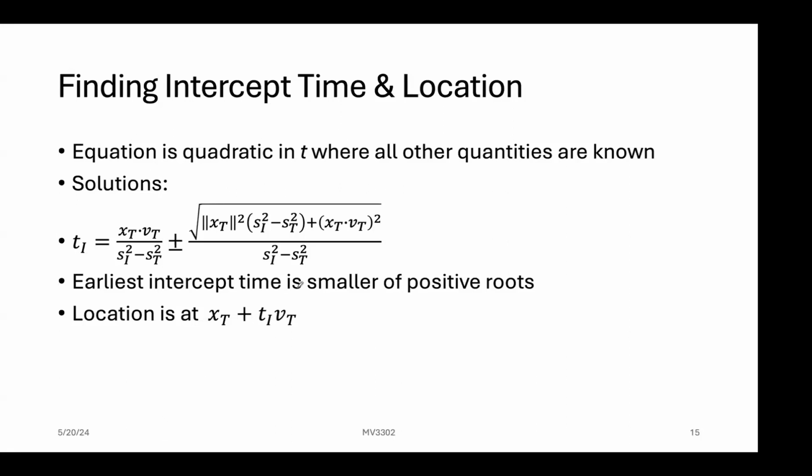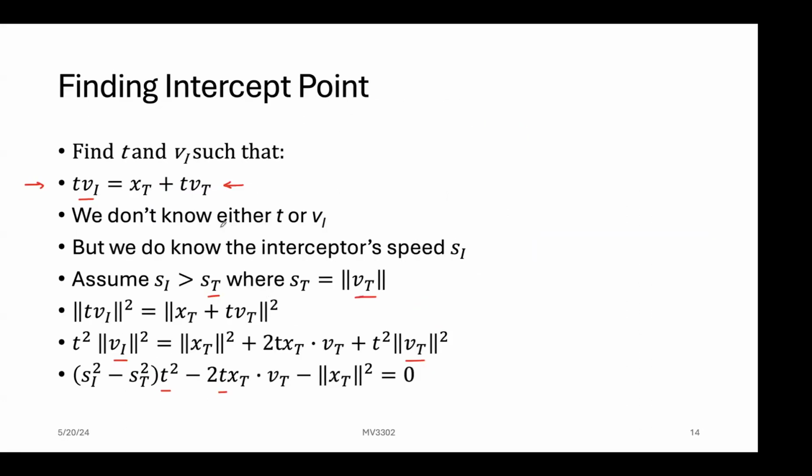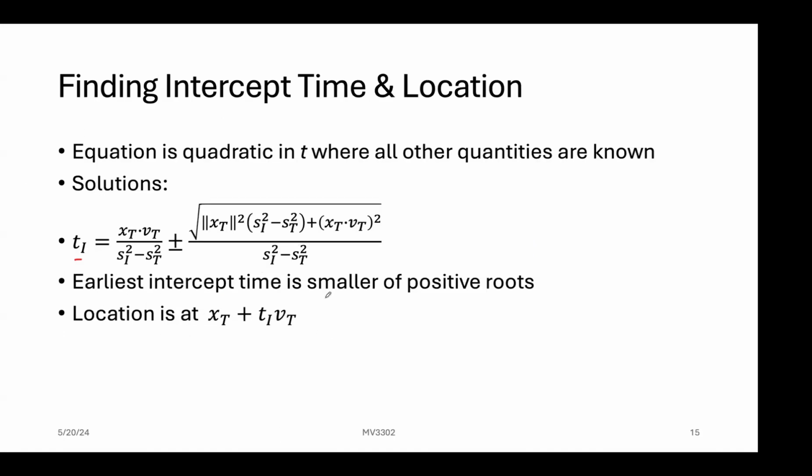Now that we know the time, where is it? Well, the intercept location is found by simply plugging it into our equation of motion of the target. And so this is our intercept point.